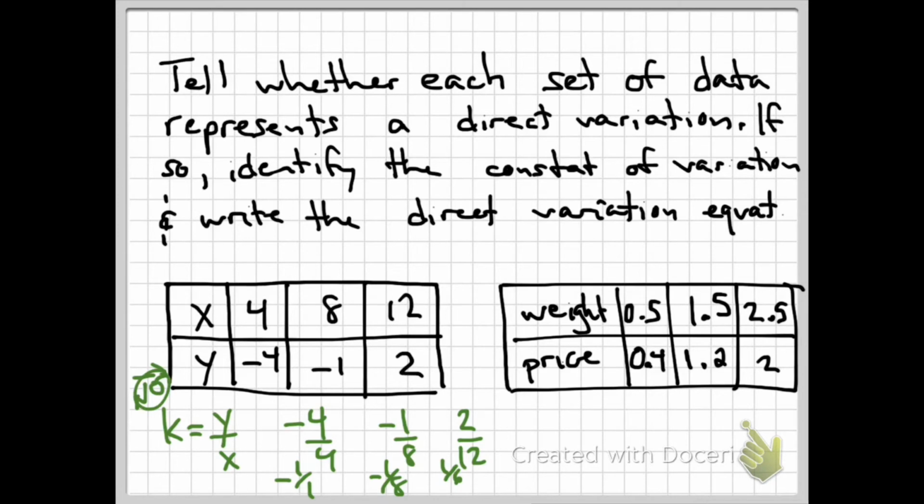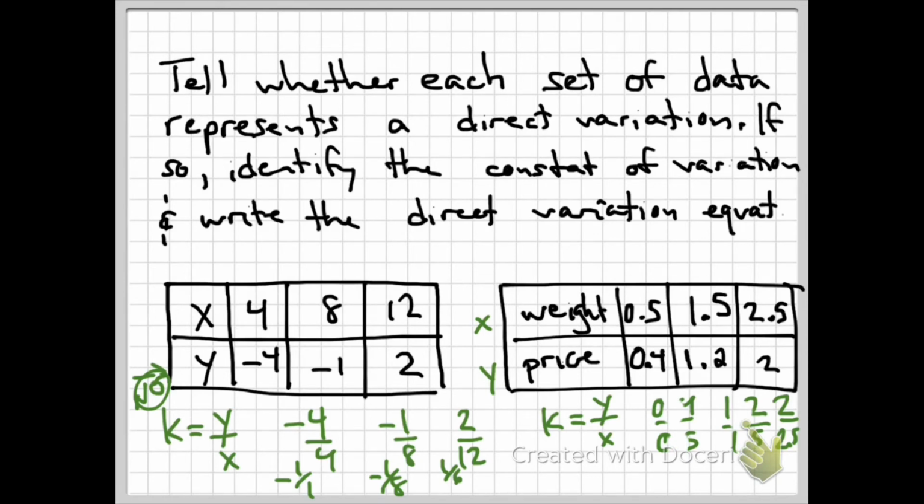It's a no. All right, this one, price, if you think about when we talked about unit rates, that's a video you can always go back to. This is representing our y, and this is going to be our x. So k equals y over x. So we have 0.4 over 0.5, then 1.2 over 1.5, and 2 over 2.5. We can actually get rid of these decimals to make it a little easier.